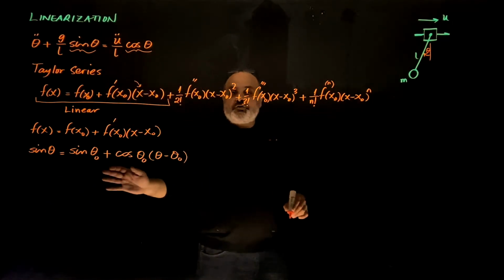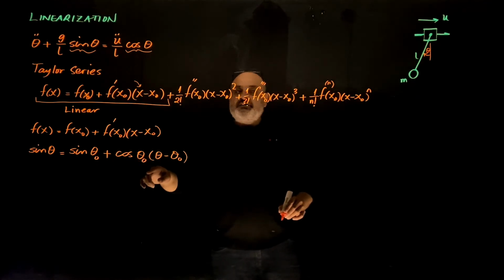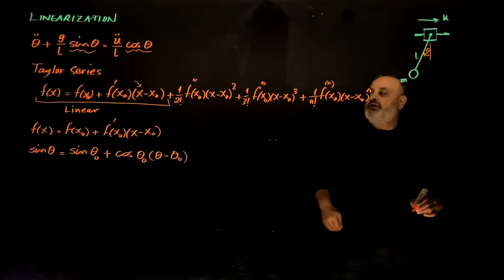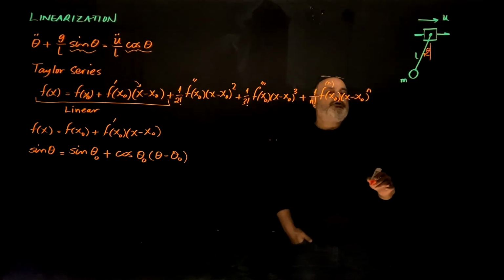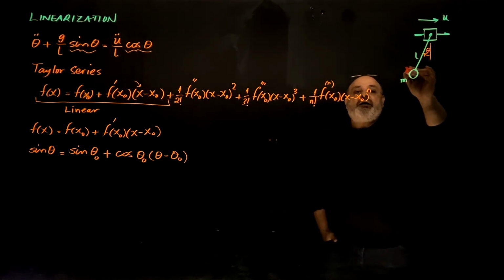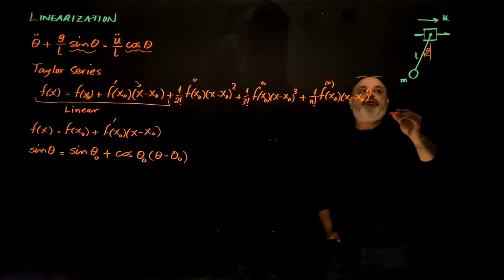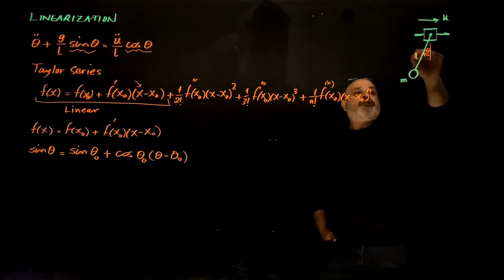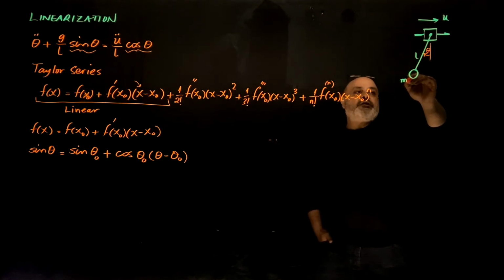So now I need to choose a theta 0. Theta 0 is the point around which we want to linearize our system, the middle point of the motion, the neutral point. If the pendulum stops oscillating, the angle theta will be 0.